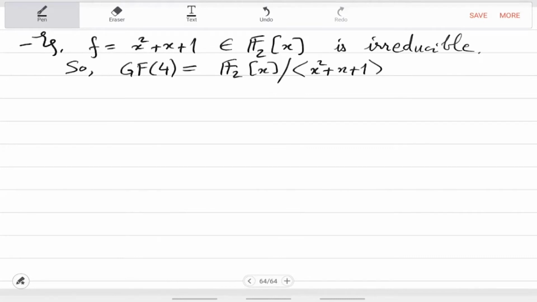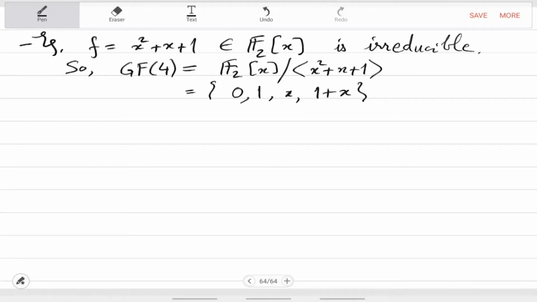and it has very few elements, right? It has 0 and 1 from F_2. And what else? It has x and it has 1 plus x. So these are the only elements in this field. Any polynomial in x will map to one of these 4.